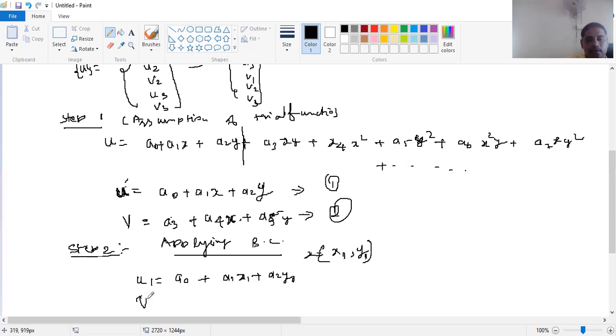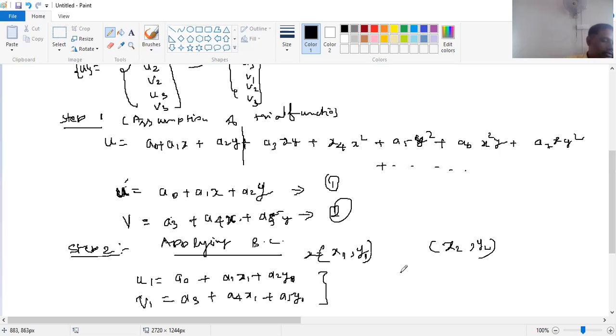Similarly, you will get v1 is equal to a3 plus a4 x1 plus a5 y1. In a similar fashion, you will get node number 2, x2 comma y2.